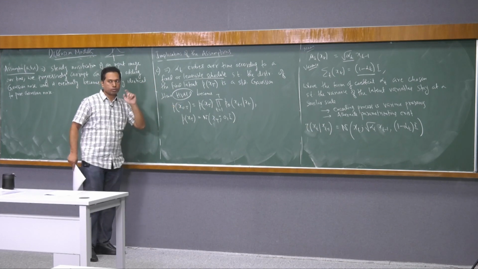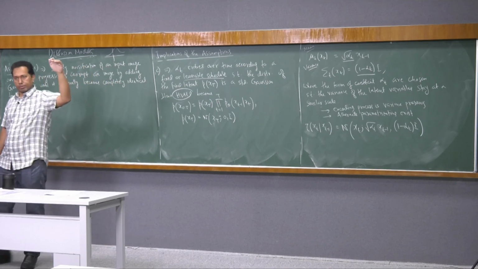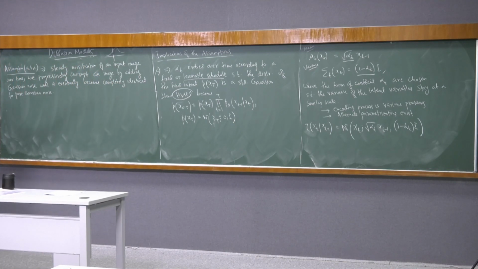So I know that I added some noise in the forward process, and now I'm learning that denoising process. The noise that I added to get the image at that stage, do I know how to denoise?